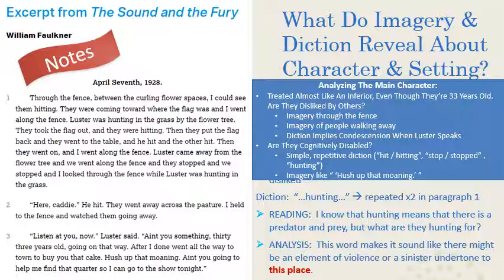They've never developed beyond childhood. Is that a possibility? There's something about this character that implies that they're not all there, right? So there's a lot to really be picked apart here just from the imagery and the diction and what it's really implying about the character. And then we've got the setting.